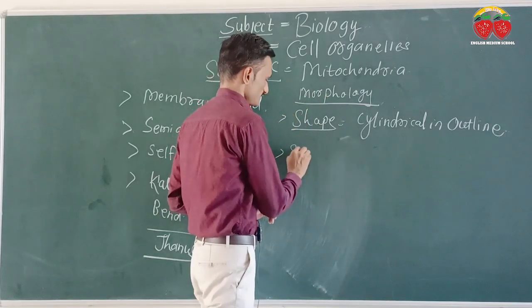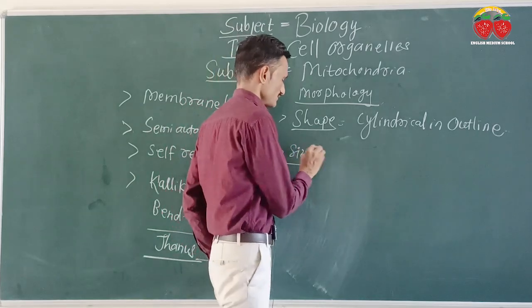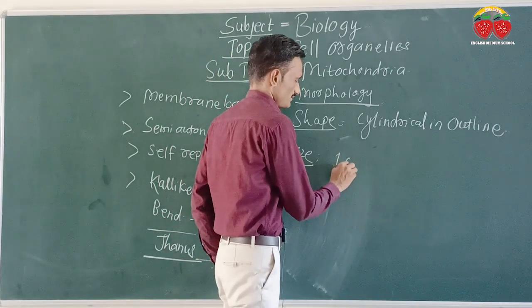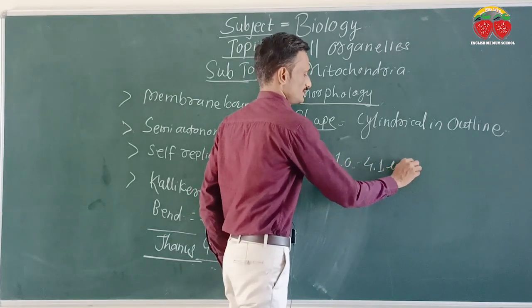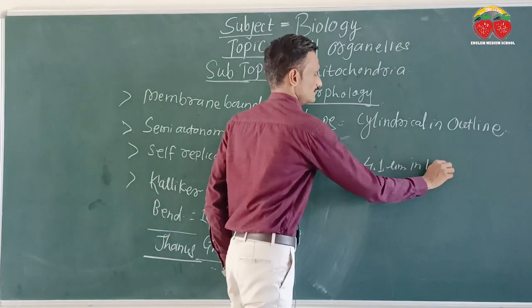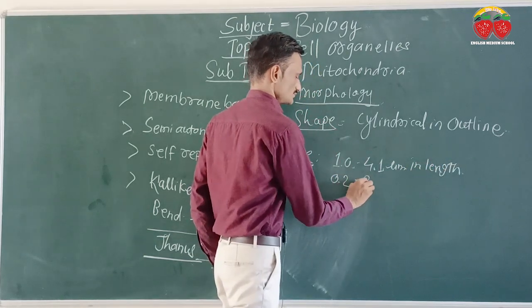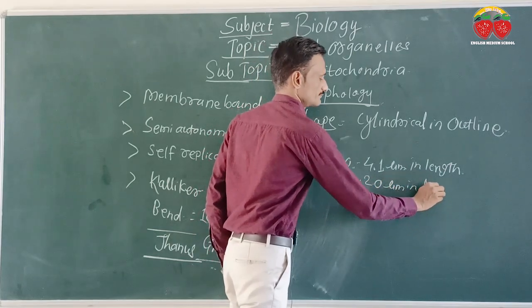Second, their size. The size of mitochondria is about 1 to 4.1 micron in length and 0.2 to 2 micron in diameter.